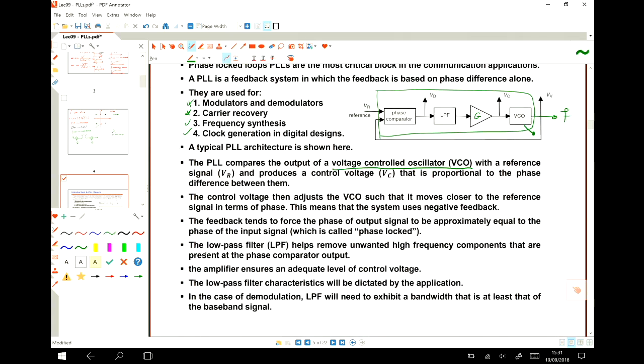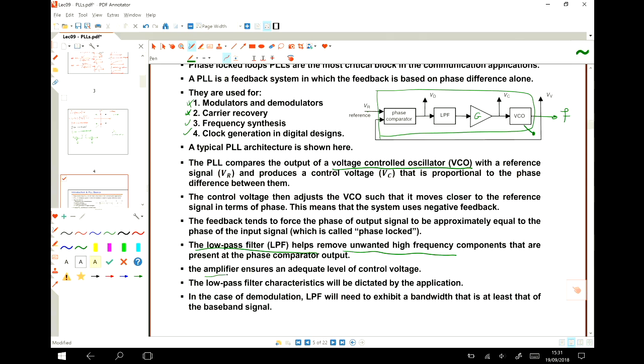The purpose of the low-pass filter is to remove the unwanted high-frequency component. We see that this phase comparator could be a simple mixer. So a mixer has 2 components, the difference and the addition. We are interested in the difference, and by using a low-pass filter, we can filter out the sum signal.